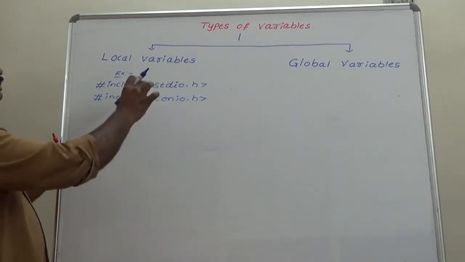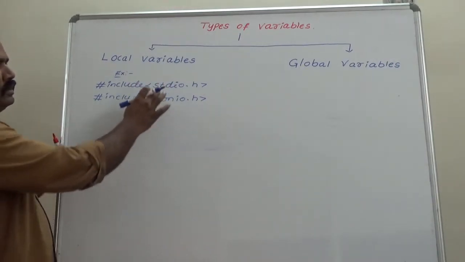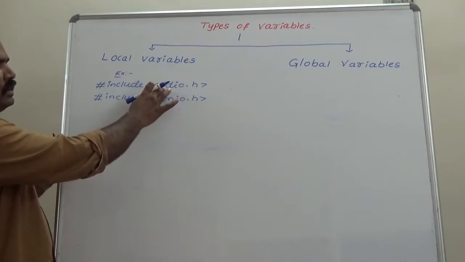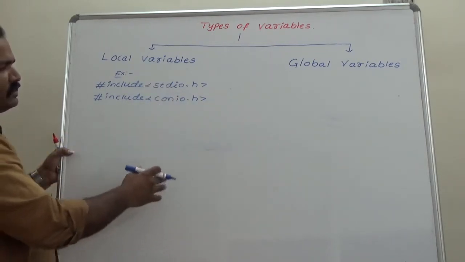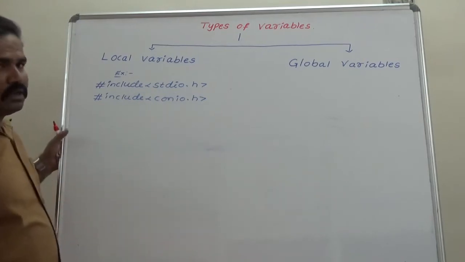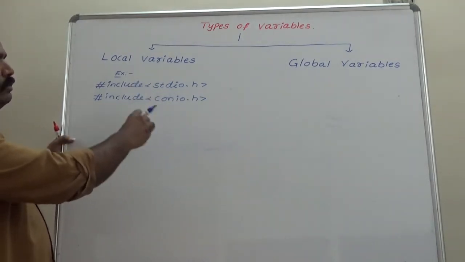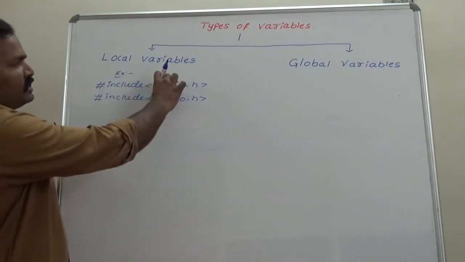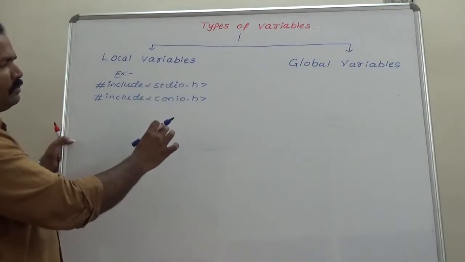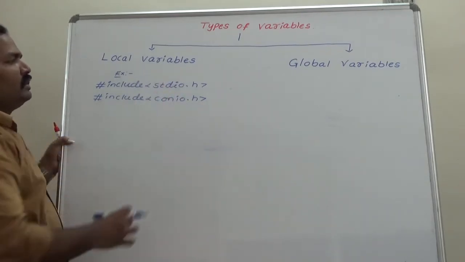Whenever you are using printf and scanf functions in your program, we should include the stdio header file, and whenever we are using clrscr and getch functions, we should use the conio header file, because these functions are available in those header files. printf and scanf are available in stdio; clrscr and getch are available in conio.